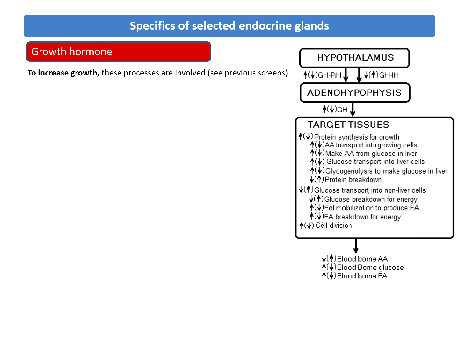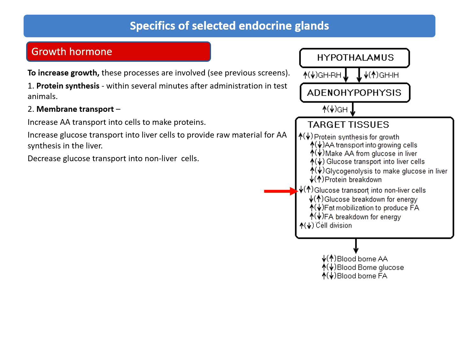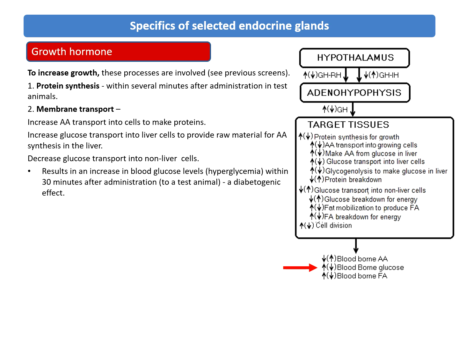To increase growth, these hormones are involved in protein synthesis, membrane transport. They increase amino acids, for example, into the cells to make growing cells, increase glucose transport into liver cells to provide raw material for amino acid synthesis, decrease glucose transport into non-liver cells. The result is an increase in blood glucose, as we mentioned.